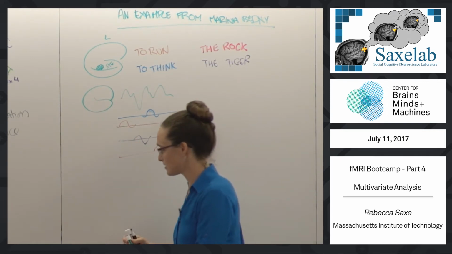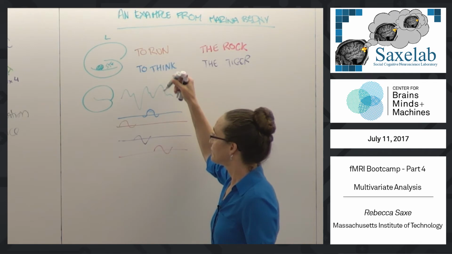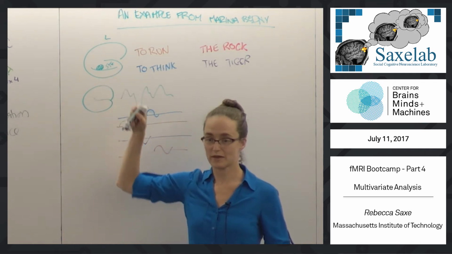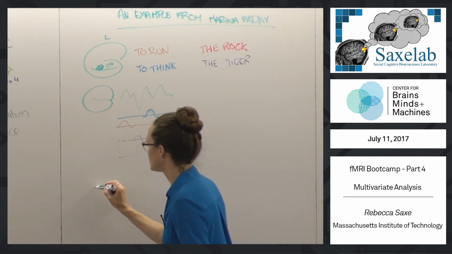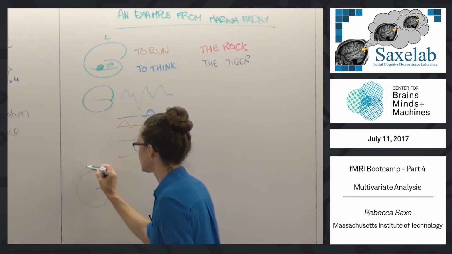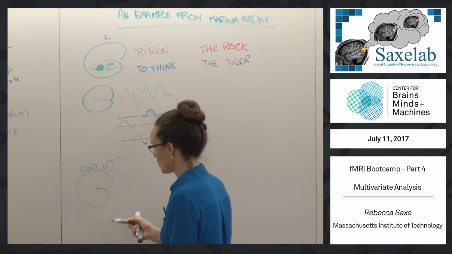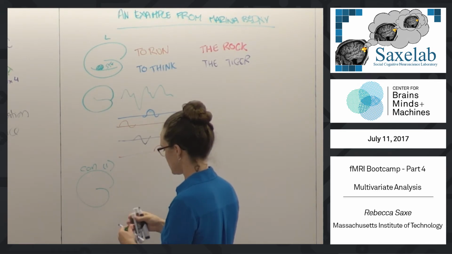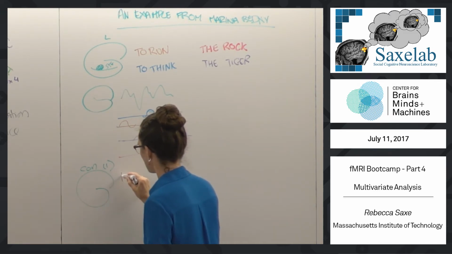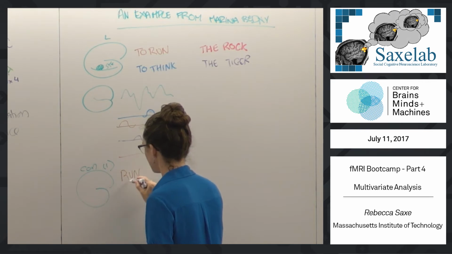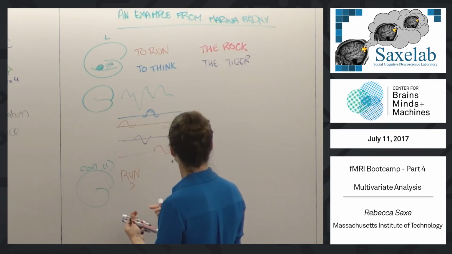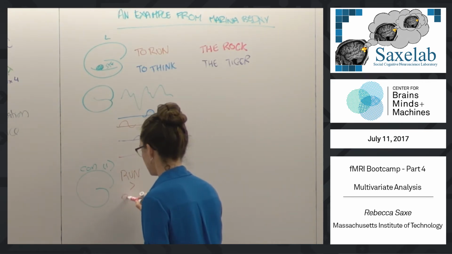Next step is she fits all those betas, so she has all those beta images. Now she makes a contrast image. Here's the contrast image in this person, right? And this contrast is for run verbs minus the rock nouns.